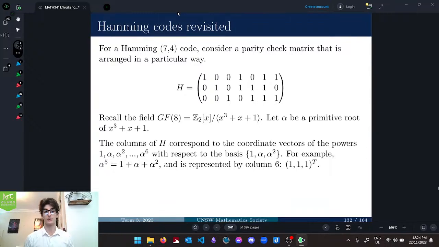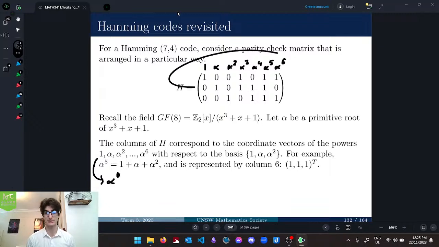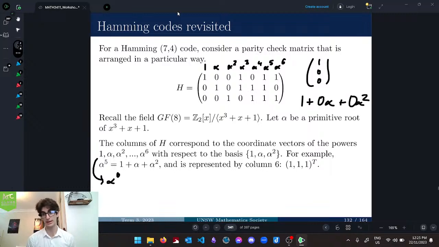What we'll find is that the columns of H correspond to the coordinate vectors of the powers 1, which is just alpha to the 0, then alpha, alpha squared, up to alpha to the 6. So we've got 1, alpha, alpha squared, alpha cubed, alpha to the 4, alpha to the 5, and alpha to the 6. So we can see that 1 is going to be the vector 1, 0, 0, because it is 1 plus 0 alpha plus 0 alpha squared.